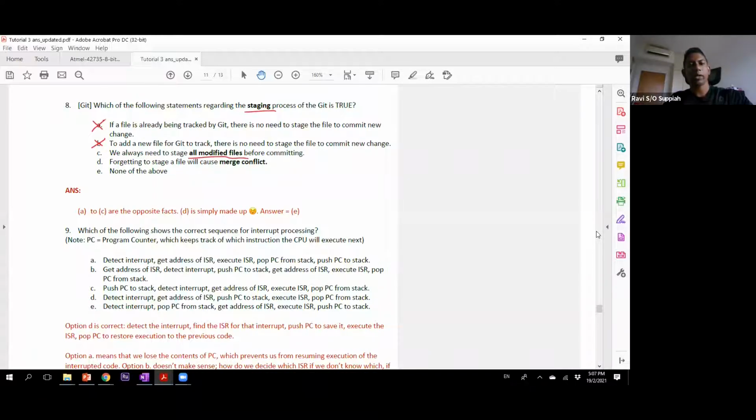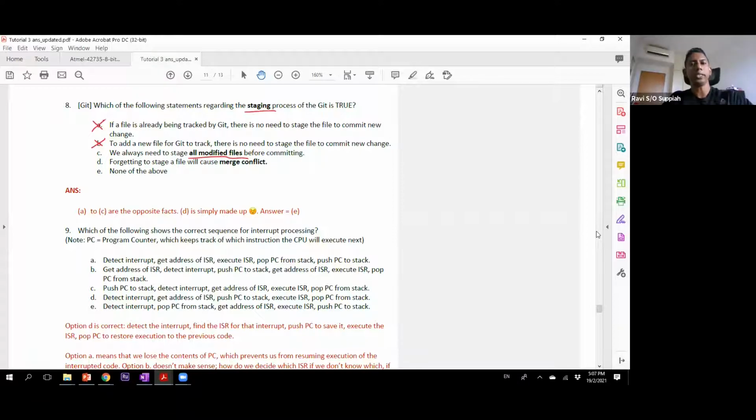When you are working on your system, on your code, you may modify a lot of files. Correct, but you may choose to only commit some of the files, because for some of the other files maybe you are still thinking about the changes and making some improvements and so on. So you can modify a lot of files, but you can choose to only commit some of them.